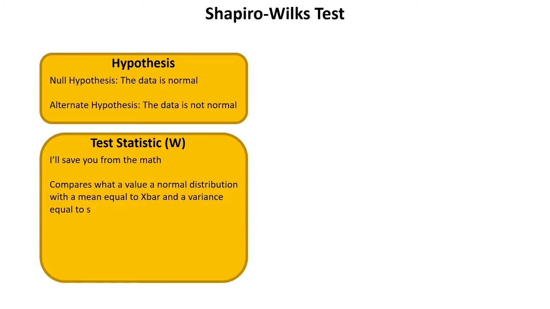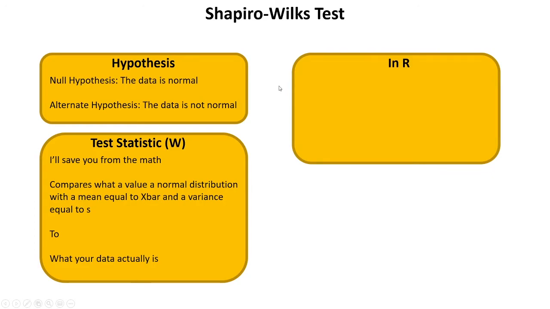It says, okay, for this particular point, if this distribution was normal, what should the value be? How far away is your data point from that actual value? And if it's further away, that leads to a larger test statistic, which ends up rejecting the null hypothesis. So you're comparing what a value in the normal distribution with the mean equal to your mean and a variance equal to your variance would be to what your data actually is. It's like a QQ plot, except we're doing it mathematically point by point rather than plotting it out.